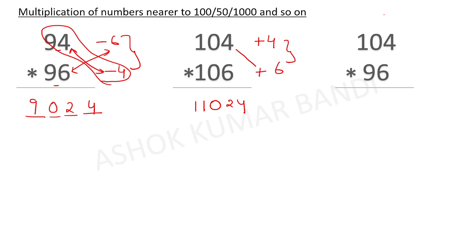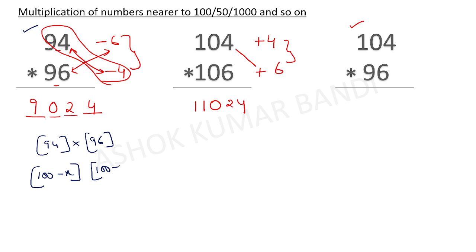Before going to the third example, let us see why you are getting the answers here. I'm going to change the color for clarification. It's simply like the (a minus b) whole square formula. I'm taking this example, 94 multiplied by 96. I'm going to write this number as 100 minus x and this number as 100 minus y.